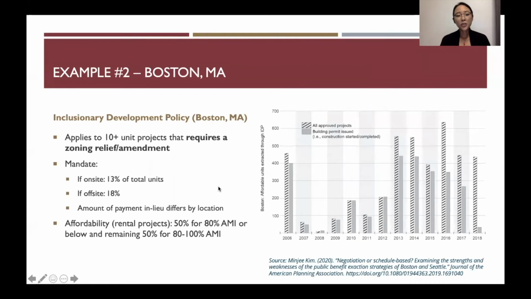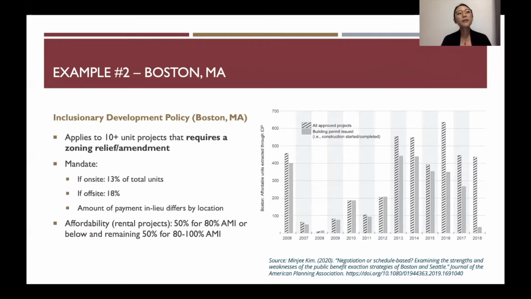All right, switching to Boston, it is still called the Inclusionary Development Policy. The reason why it's called policy is because it is policy. It's the mayor's executive order that is enforcing this policy.